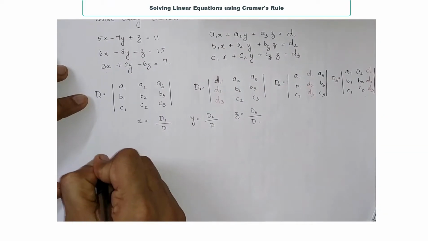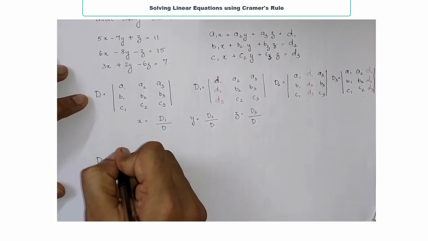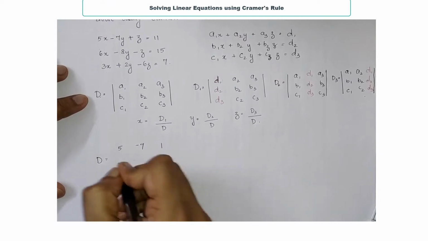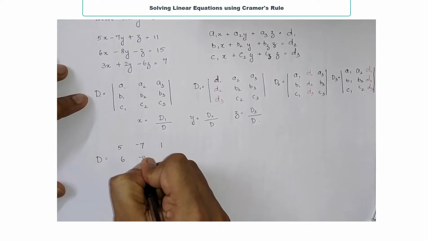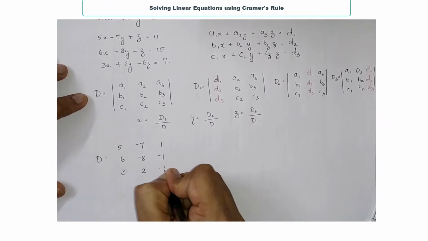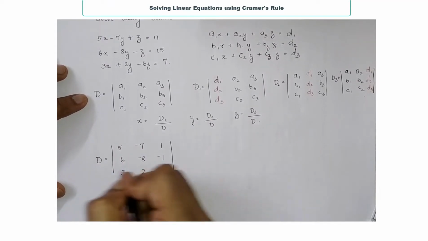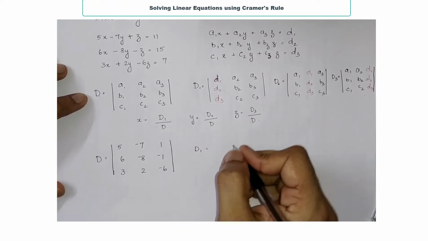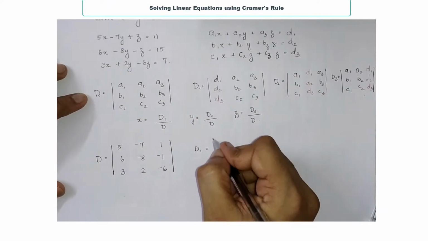So we have to find D. D is equal to the determinant with rows 5, minus 7, 1; 6, minus 8, minus 1; 3, 2, minus 6. This is the determinant D. What is determinant D1? You have to replace the first column.